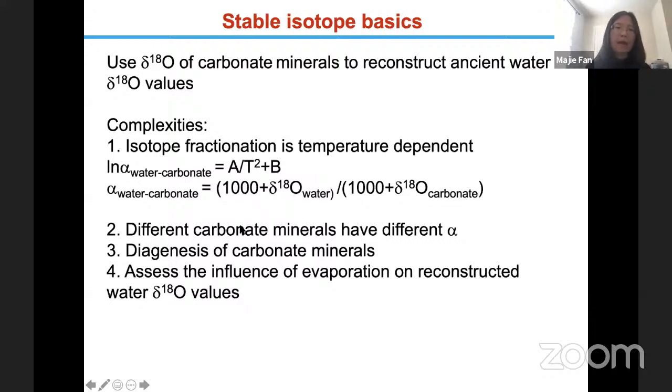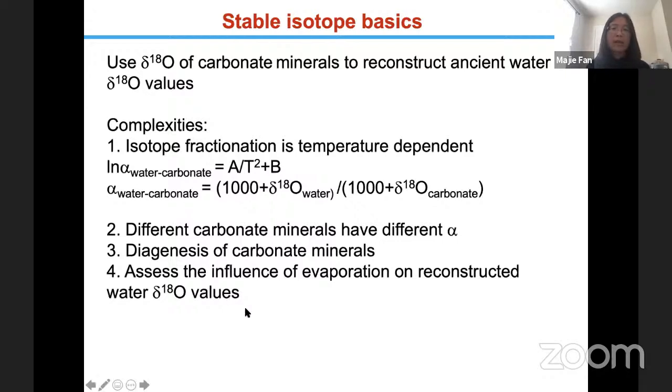It also turns out that the type of carbonate minerals, for example, dolomite versus calcite or aragonite, have different fractionation factors, therefore different reconstructed surface water isotope values. We need to be very cautious about diagenesis, because if diagenesis happens to the carbonate mineral, then that original information we want to look into will be wiped out.